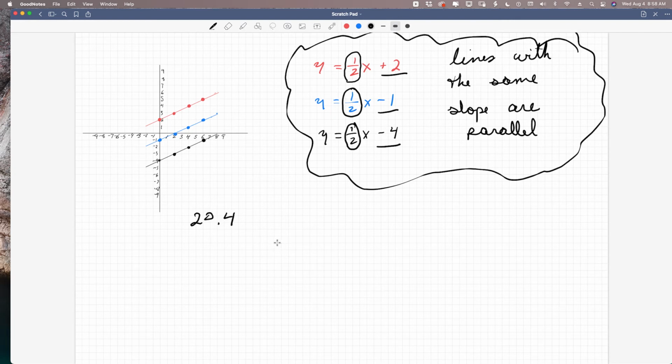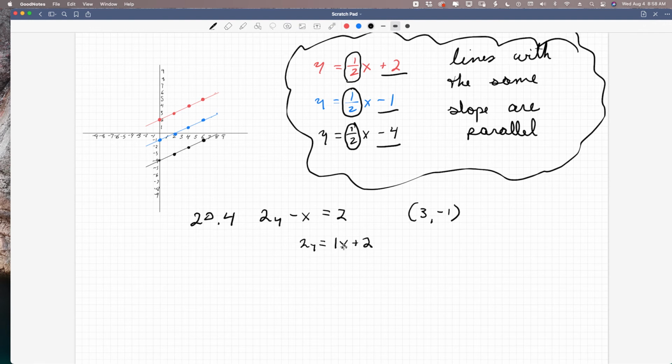And we are asked to find the equation of the line that is parallel to 2y minus x equals 2 that passes through point (3, -1). Okay, so first we have to put this in the proper format. So we're going to solve for y. So 2y equals x plus 2, right? So now we're going to divide.